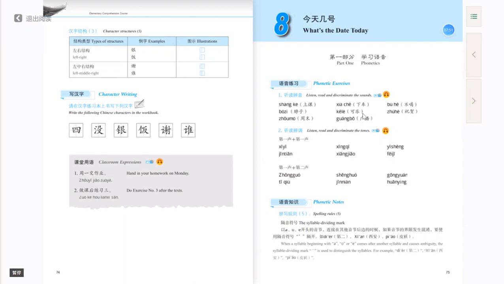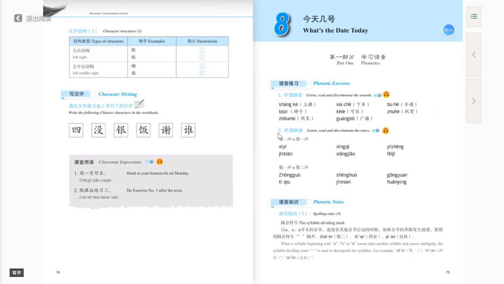When we read, please also focus on the tones of each pair. The first one, they are both read in the fourth tone, 上课. Next one, 下车, fourth tone and first tone. Please also pay attention to the tones of the other syllables.